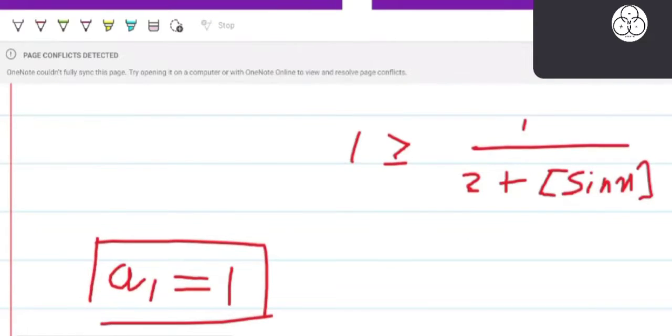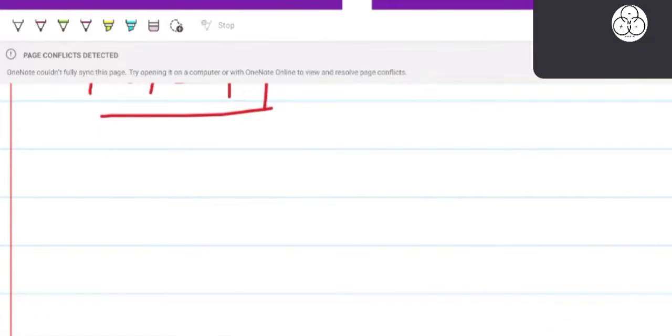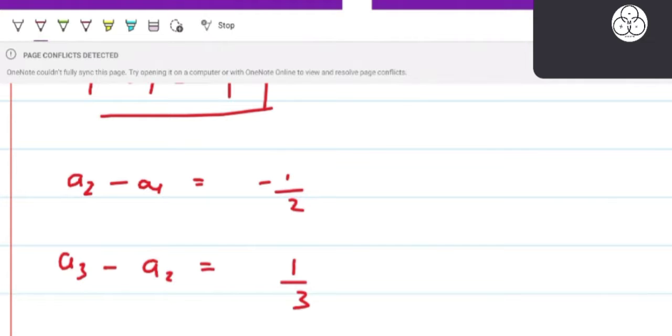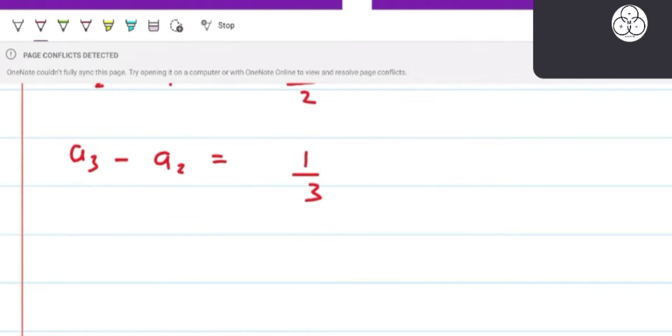So we have the relation between them. Let us write a2 minus a1 equals minus 1 by 2, a3 minus a2 will be 1 by 3, and so on, we'll have an minus a(n-1) will be (-1)^(n+1) over n, right?